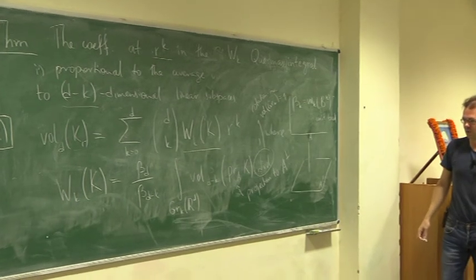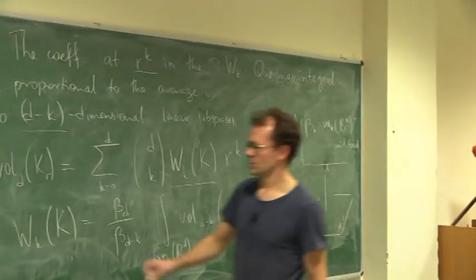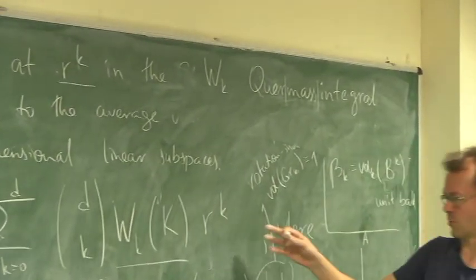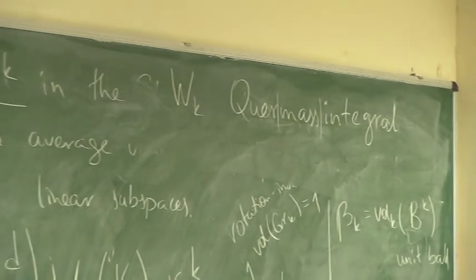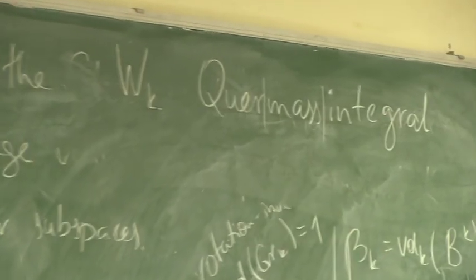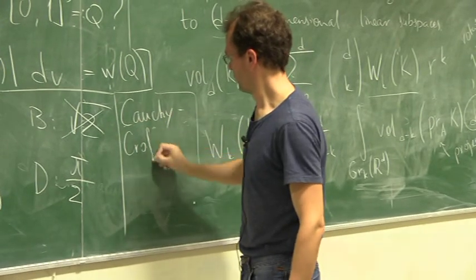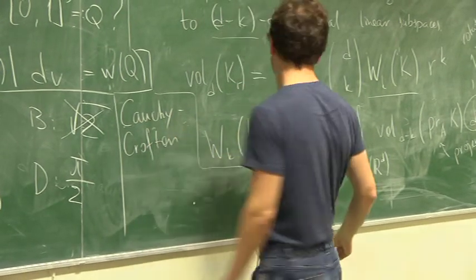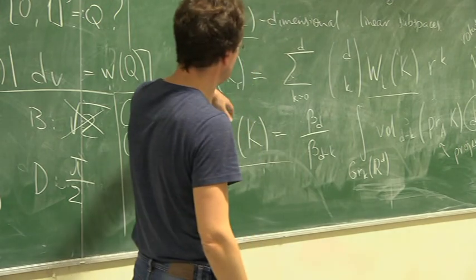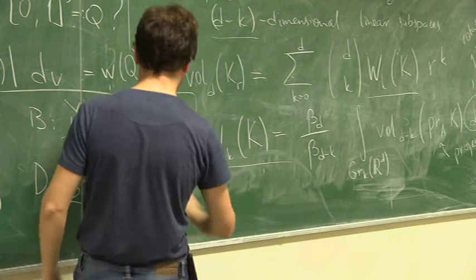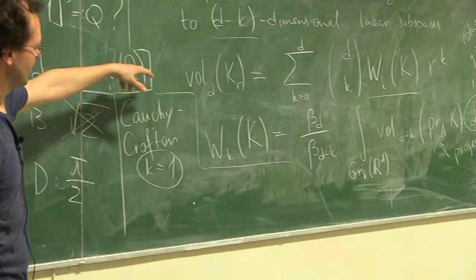Okay, what is left? What I did not tell today is that there are special cases of this theorem. One of them is the Cauchy-Crofton formula. This is the case when we take k equal 1. So the homework is to look at this formula.